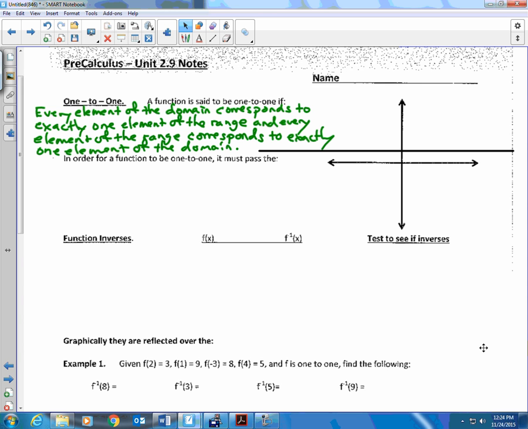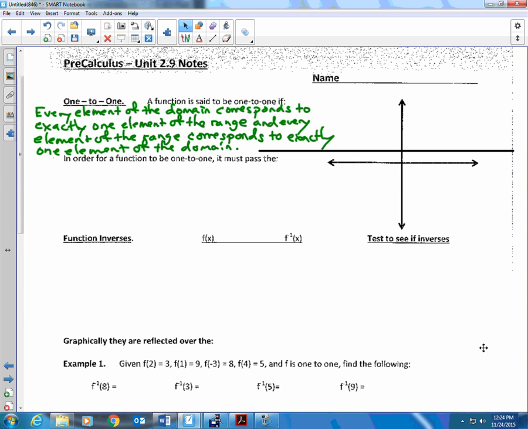Okay, we begin by writing down a definition, and the definition is for that of a one-to-one function. A function is said to be one-to-one if every element of the domain corresponds to exactly one element of the range. What does that sound like? The definition of a function.